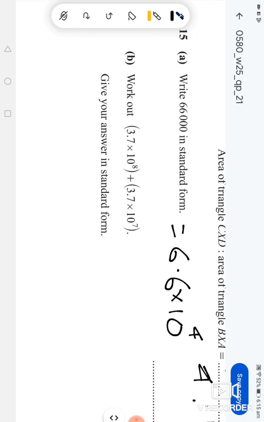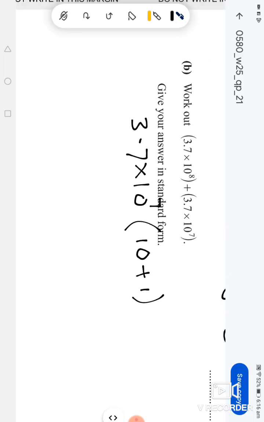Work out 3.7 multiplied 10 to the power 8 plus 3.7 multiplied 10 to the power 7. So here common is 3.7 into 10 to the power 7. So here 10 plus 1. So this is 3.7 multiply 10 to the power 7 multiply 11.